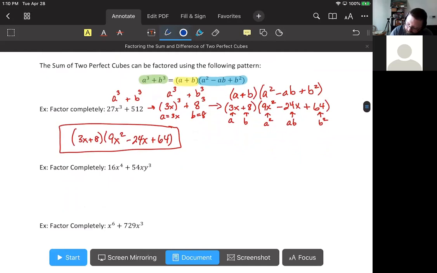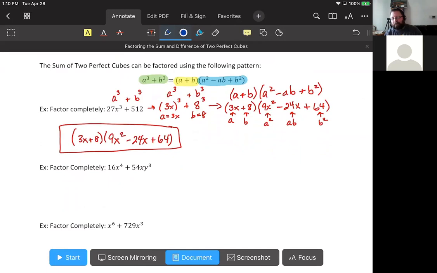So again, we're looking at a pattern here. But we always need to remember that no matter what type of factoring we're doing, whether that be trinomial, binomial, grouping, any type of factoring that we do, you always have to start by checking for the greatest common factor.